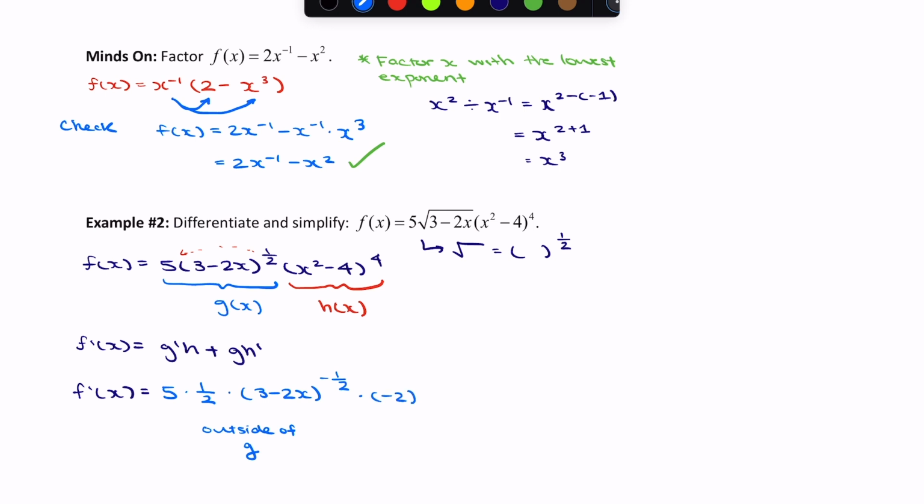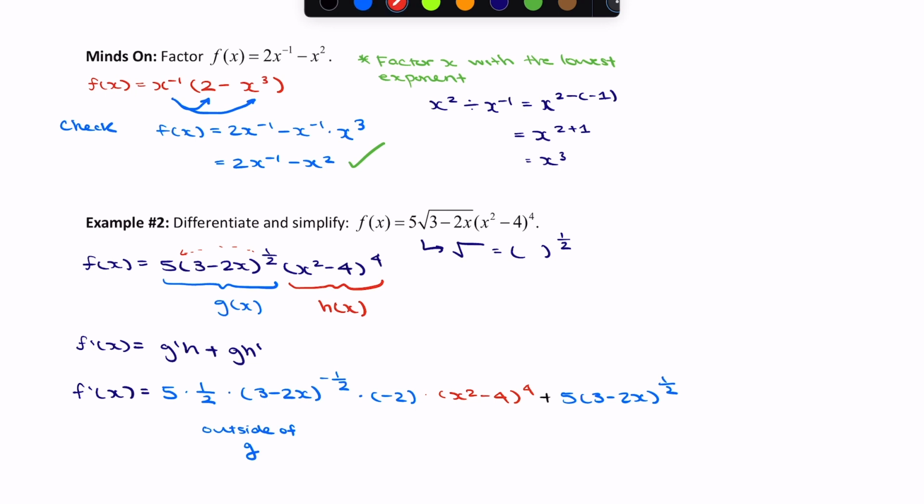And then h of x we have here as (x squared minus 4) to the power 4 plus z, which we can write as 5 times (3 minus 2x) to the power of 1 over 2, and then h prime of x.